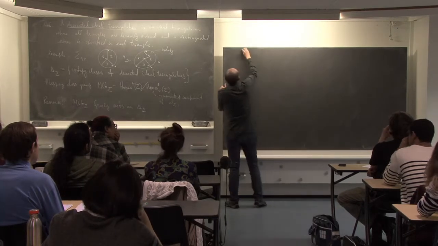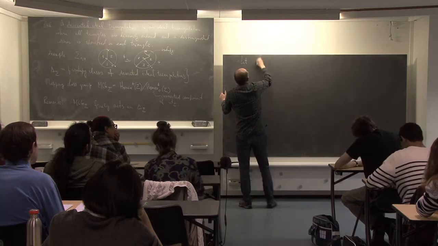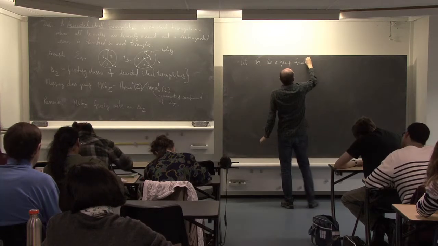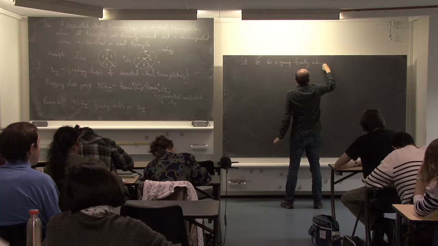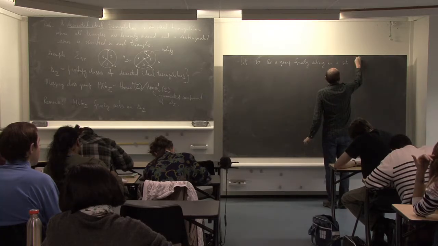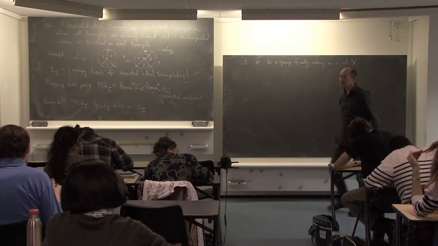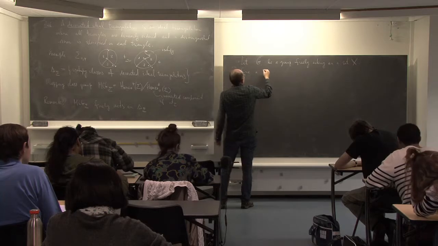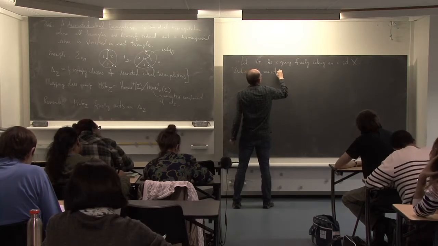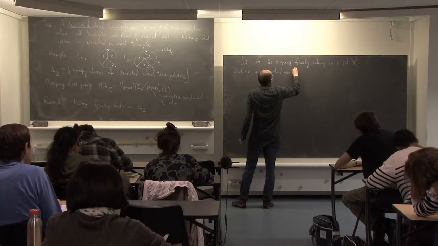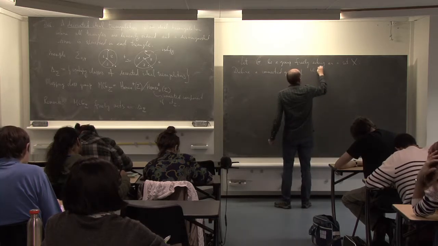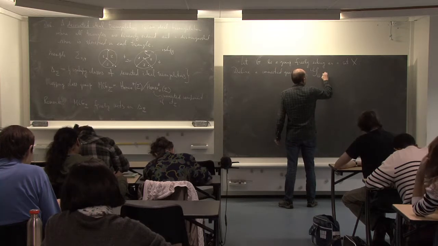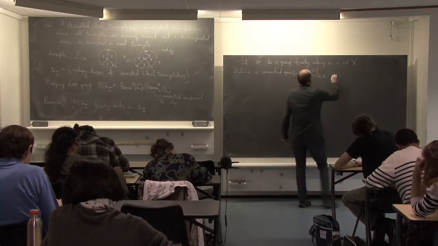Okay, so let G be a group freely acting on a set X. Then define a connected groupoid, denoted calligraphic G with subindices G, X, as follows.